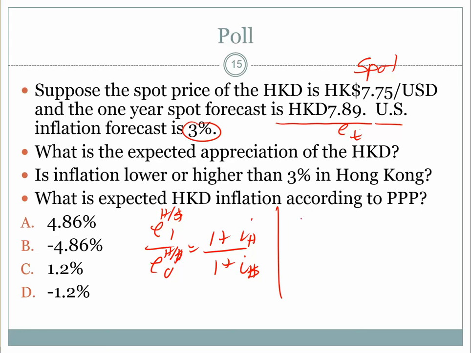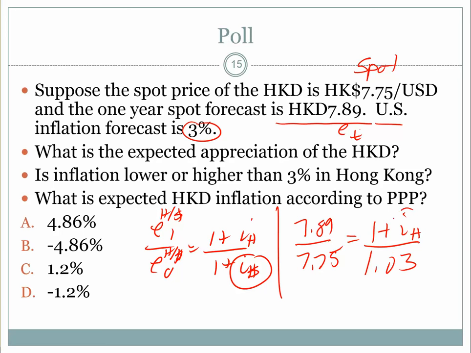So I'll take my new exchange rate over my old exchange rate. I'm going to solve this problem for Hong Kong inflation and then put in my dollar inflation. Solving for IH, what I would do here is I'd multiply both sides by 1.03, get rid of that, and then subtract 1. And my IH, inflation in Hong Kong, turns out to be 4.86.